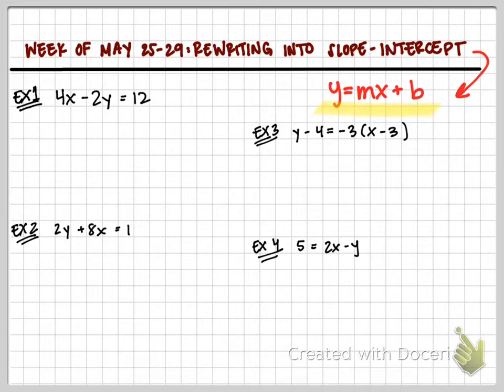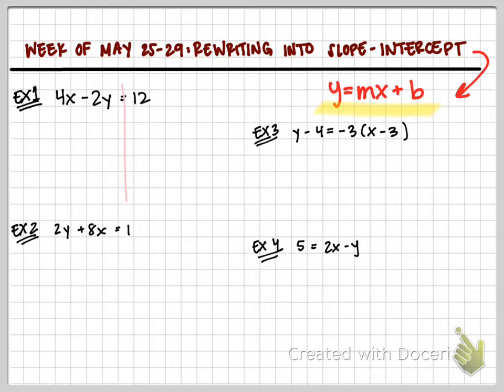So example 1, we have 4x minus 2y equals 12. And right off the bat, I noticed that, well, the y right here is on the left side, but it is not alone. I need to move everything else over to the other side. So let me go ahead and draw a line down the middle. And first thing I need to do before I get this by itself, I need to move over the 4x. 4x should be on the right side.